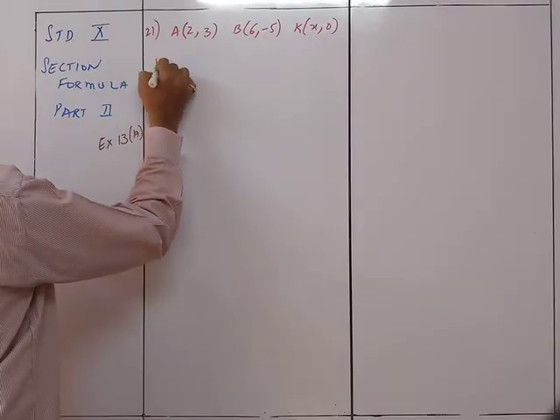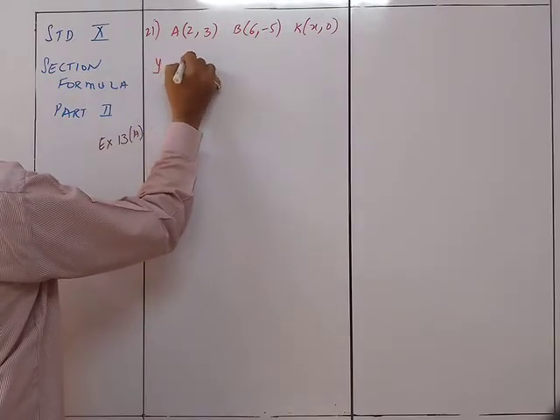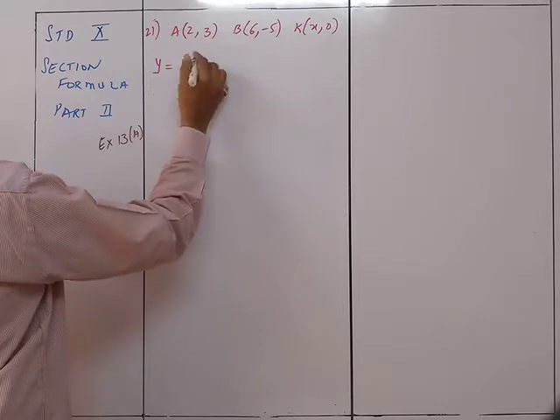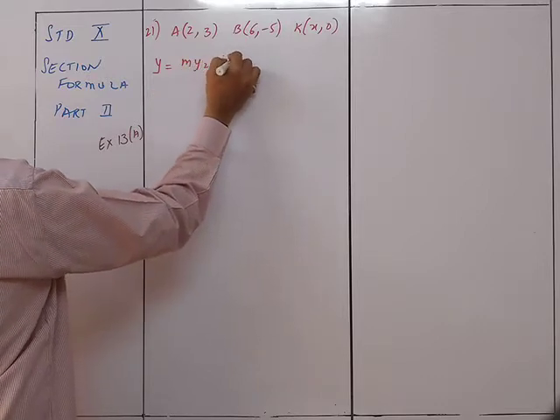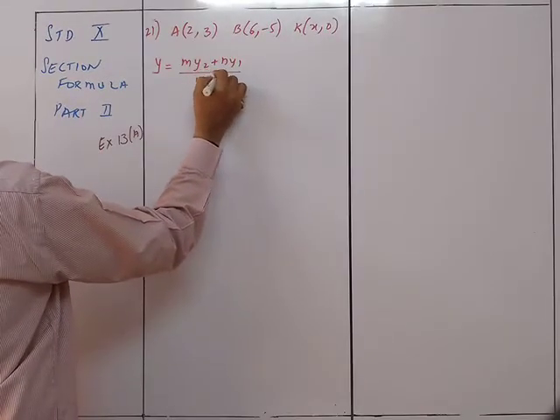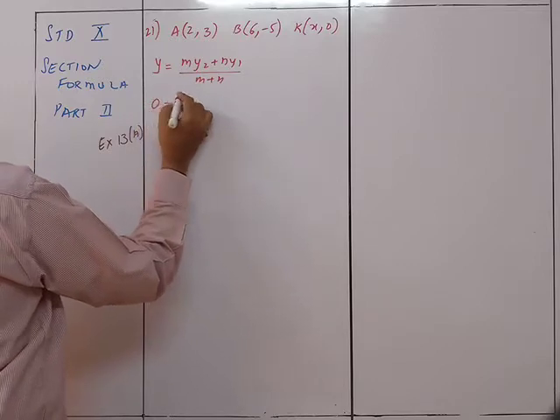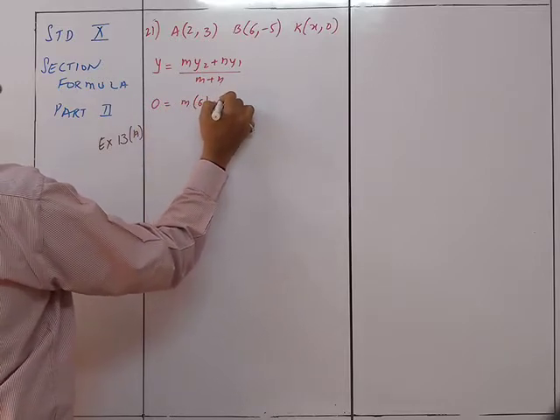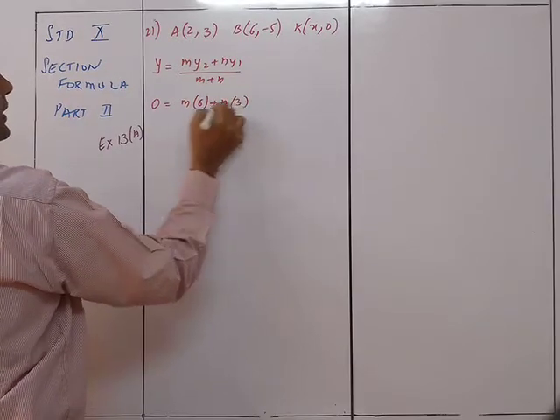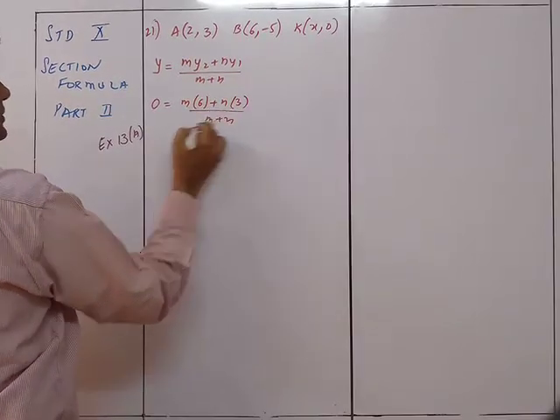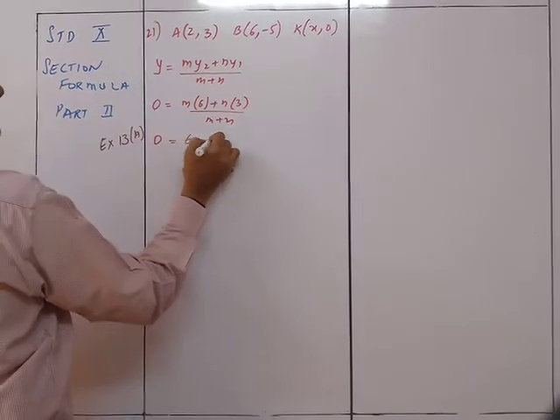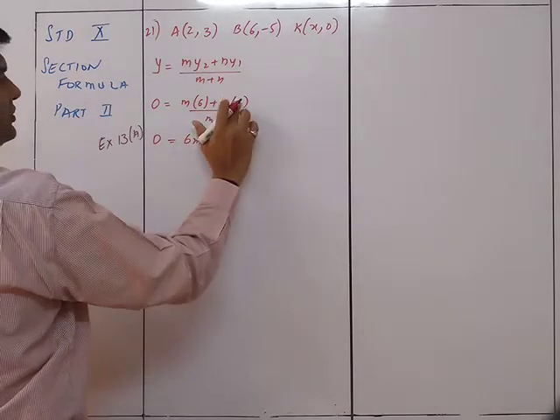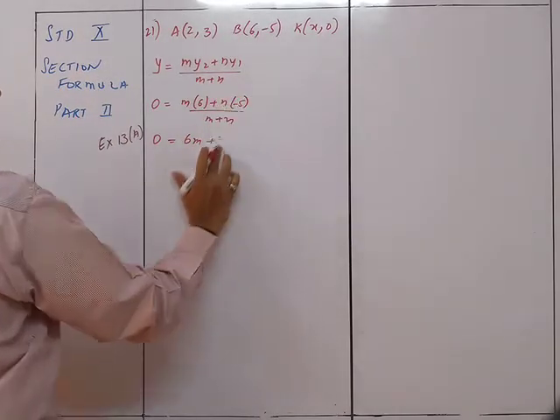So we have y equal to (m y2 + n y1) upon (m + n). So 0 is equal to (m into 6 plus n into 3) upon (m + n). Sorry, this is -5.